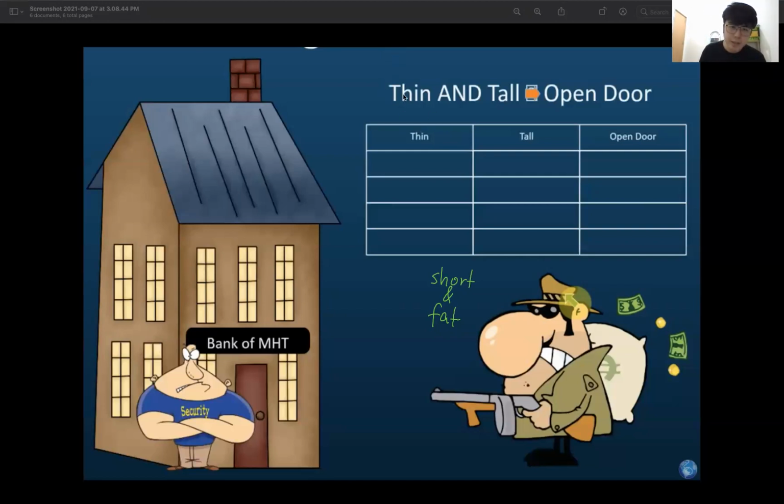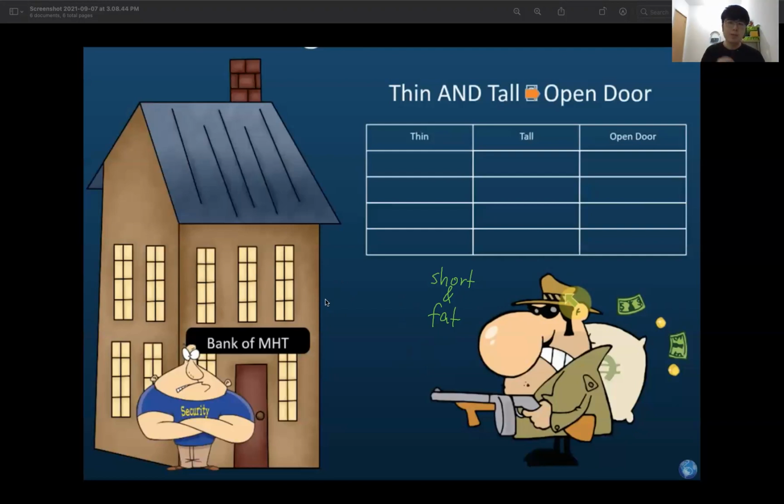Thin and tall, open door. Persons who are fat and short, you don't open the door for them, because the robber is short and fat, right? So you only open the door for thin and tall.